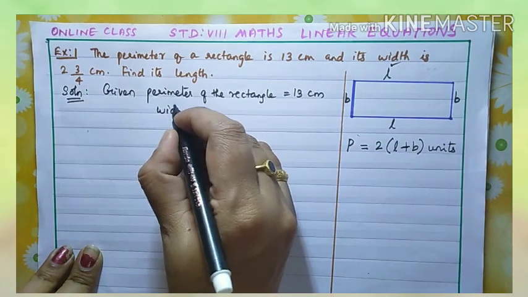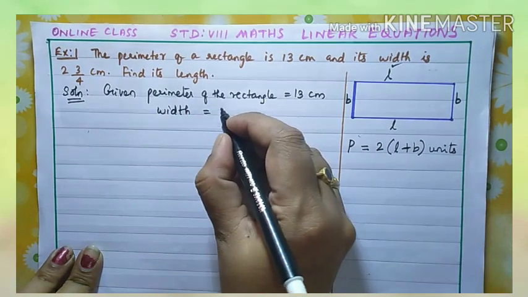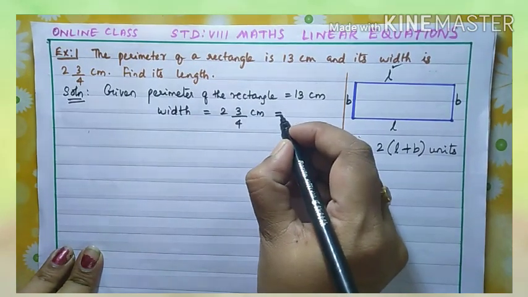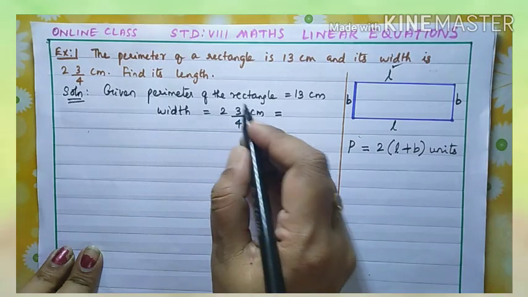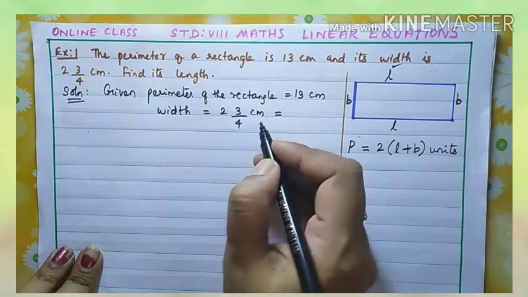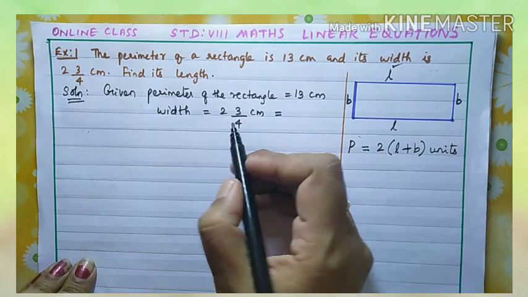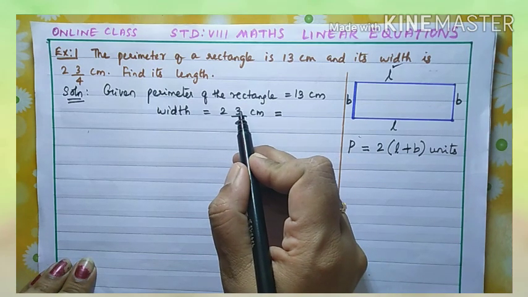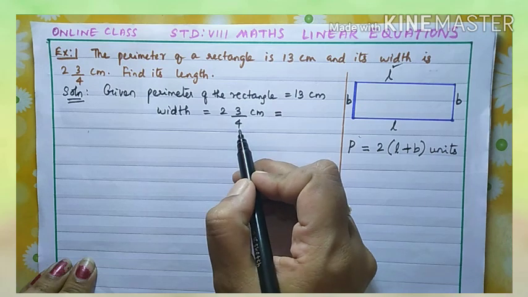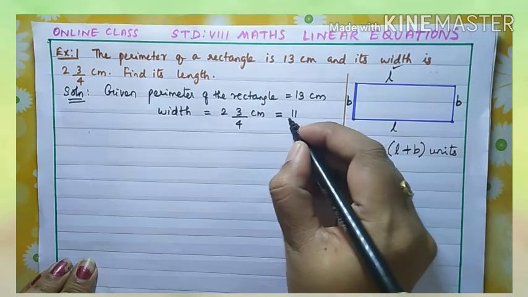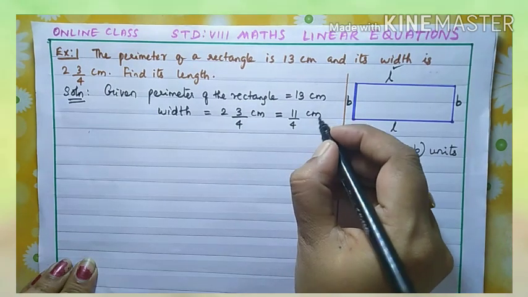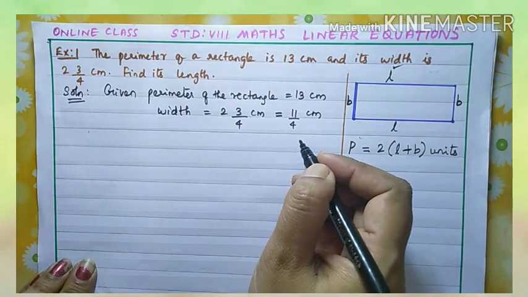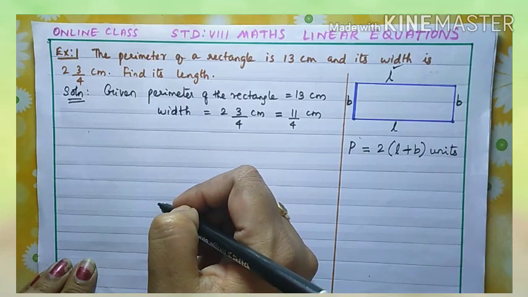Width is given as 2 3/4 centimeters. Now you see here this is a mixed fraction, so you can convert it into an improper fraction. How to convert? 2 into 4 is 8, plus numerator 3, so 8 plus 3 is 11, that is 11/4 centimeters. So we converted that width into an improper fraction.